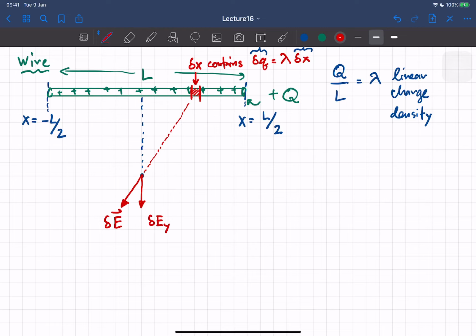We're going to write delta E y, which is the y component of this electric field, equal to the magnitude of delta E, not the whole electric field, but the field from that small charge, times cosine of this angle here.